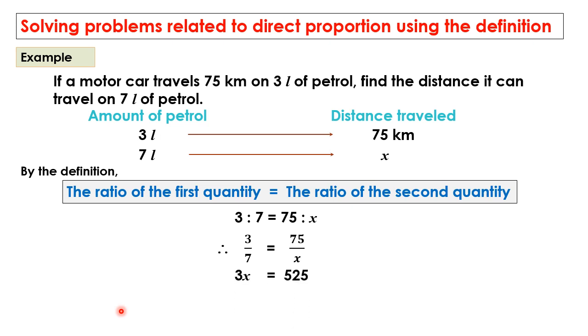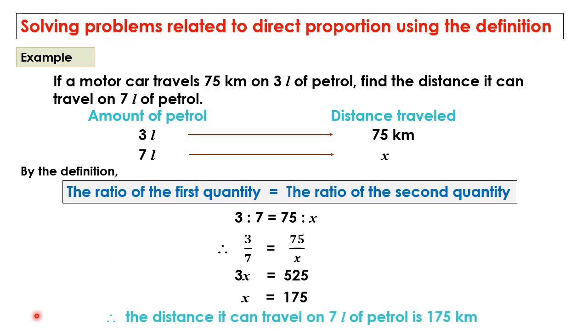By cross multiplying, we get the equation 3x equals 525. By dividing both sides by 3, x equals 175. So x means the distance traveled with 7 liters of petrol.